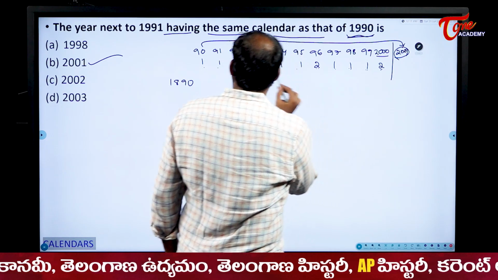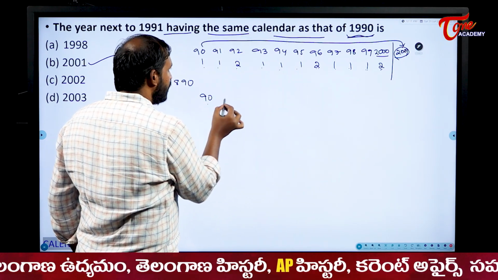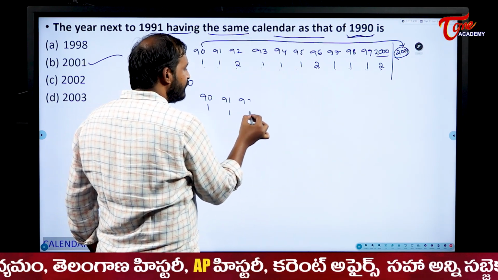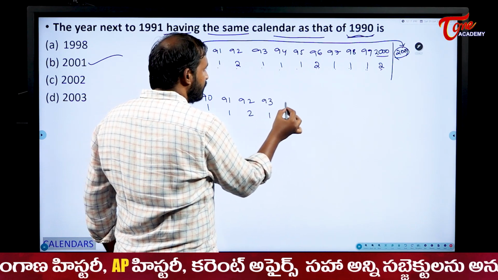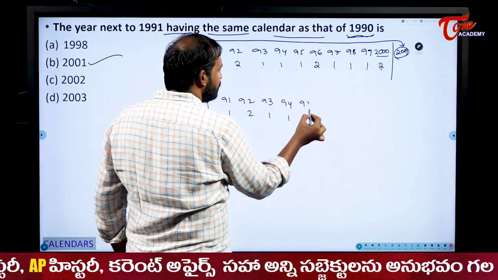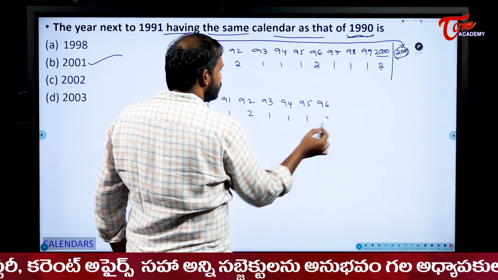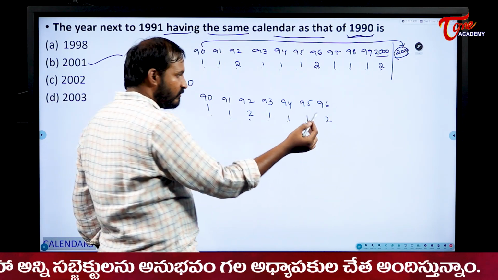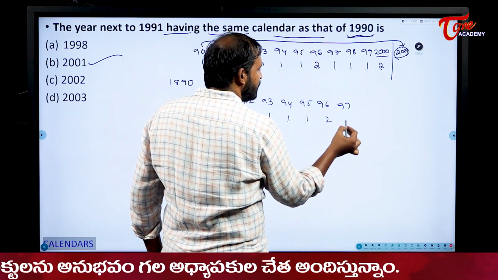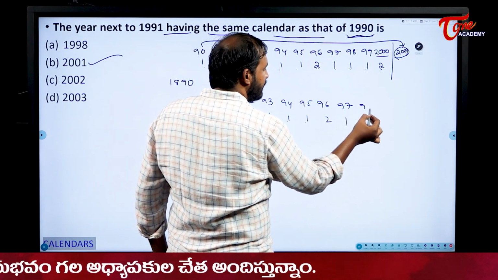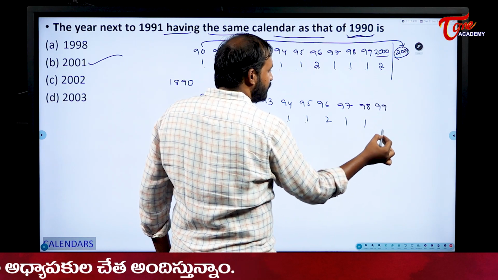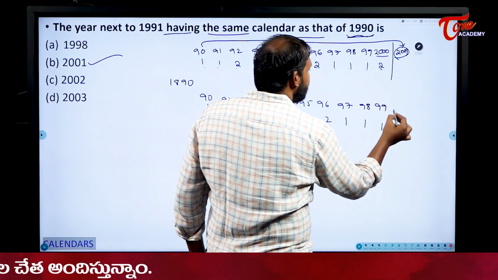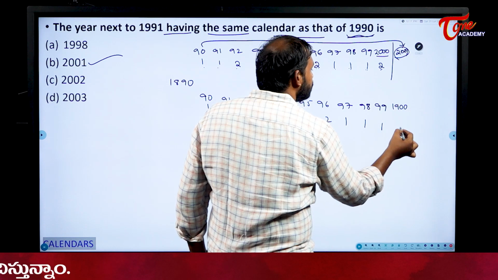1900, up to here there will be no issue. 91, 1 odd day; 92, 2; 93, 1; 94, 1; 95, 1; 96, 2. See here, 1, 2, 3, 4, 5, 6, 7. I cannot use it in 96, so my logic continues. So 96, 2; 97, 1; 98, 1; 99, 1; and 1900 is also 1.